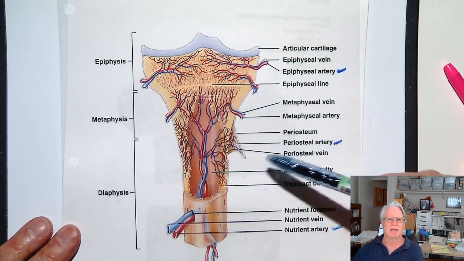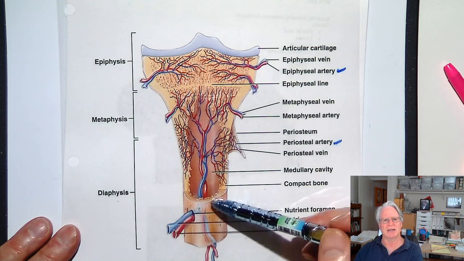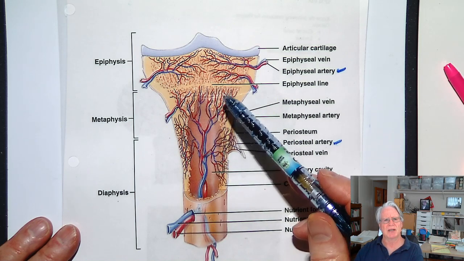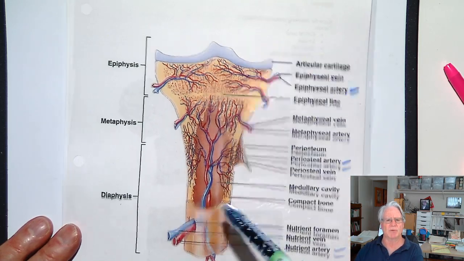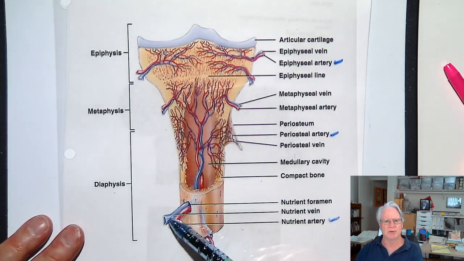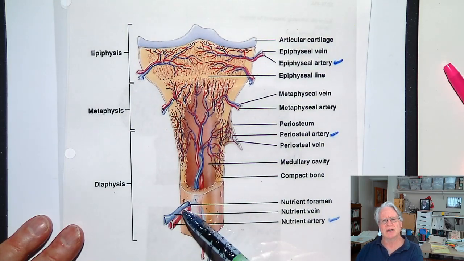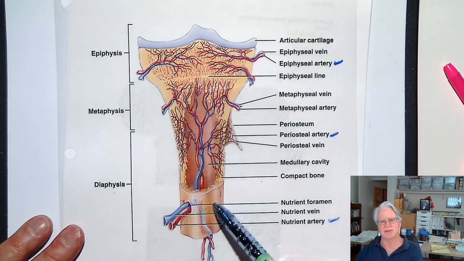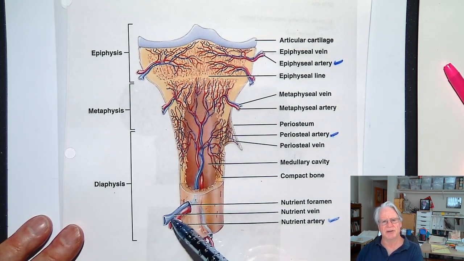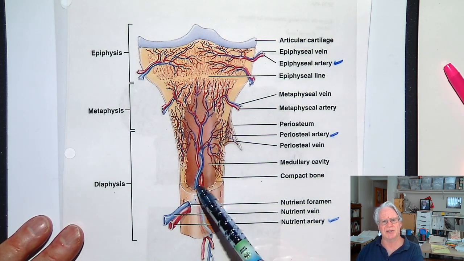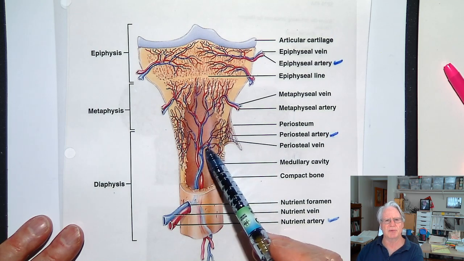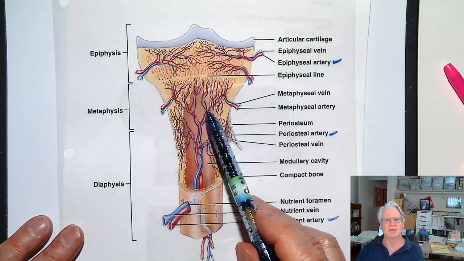The difference in the diaphysis as opposed to the other two regions is that we have one large opening, the nutrient foramen, through which the nutrient artery enters. It branches, and then it gives off sub-branches that enter into the bone tissue.